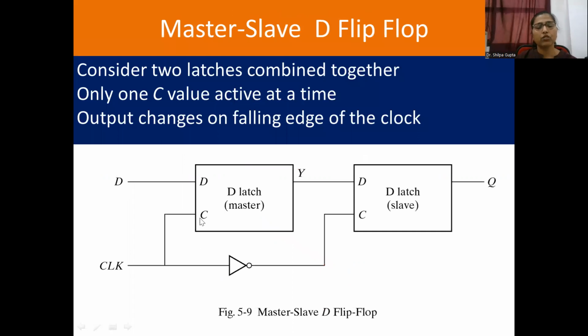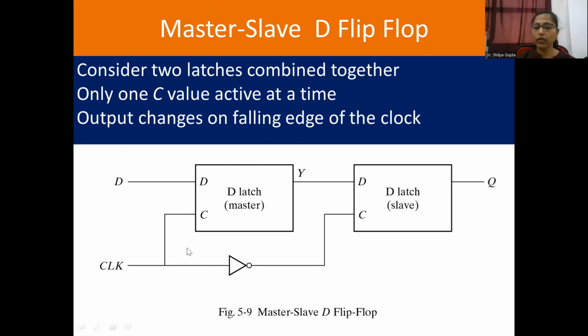Now this is the master-slave D flip-flop. In that, one is acting as a master latch and the second is acting as a slave latch. Whatever is produced by the master will be followed by the slave. But here the difference is, the master is getting the positive clock, but the slave is getting the negative clock.